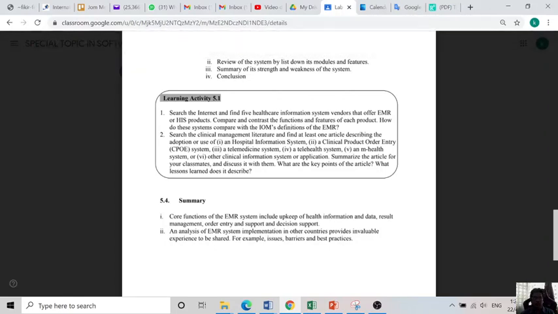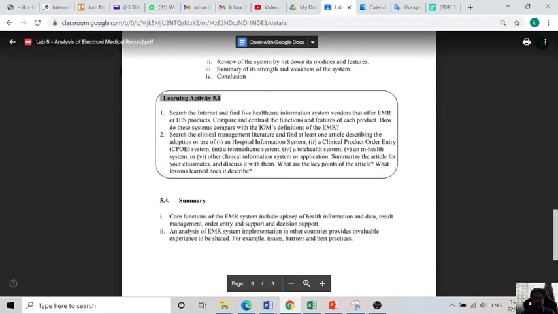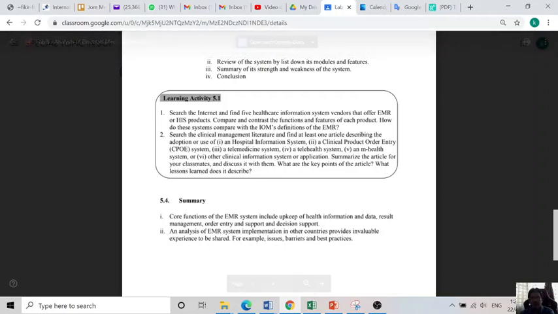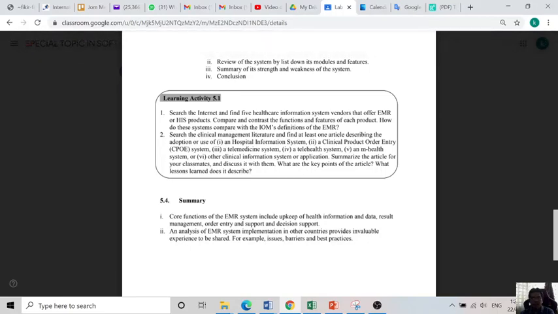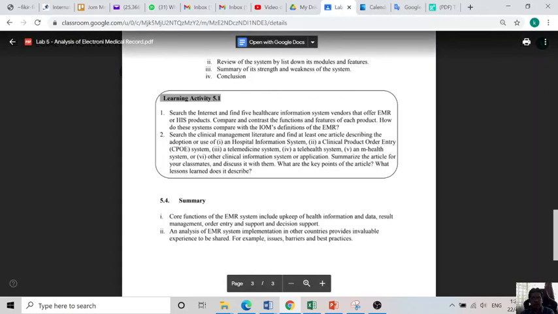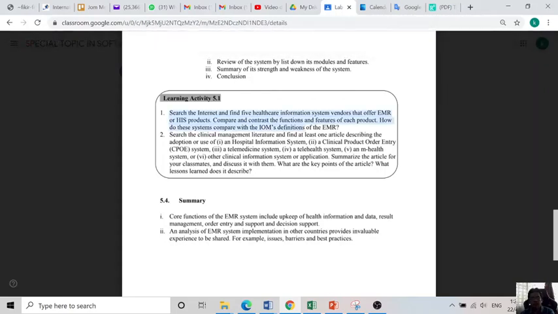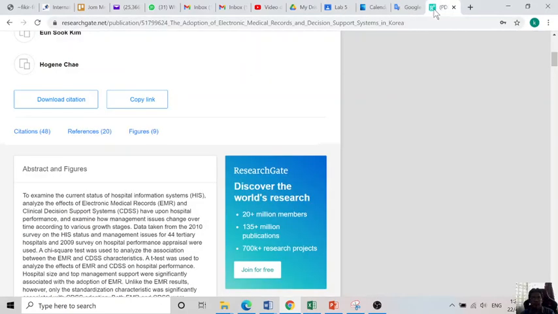Search the internet and find 5 healthcare information systems, or you do this one: search the clinical management literature, find at least one article describing the adoption or use of this 5 or 6 module. I think choosing number one is very easy. Like I showed you this one.